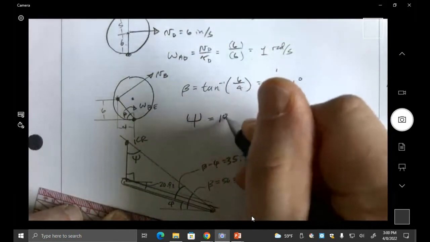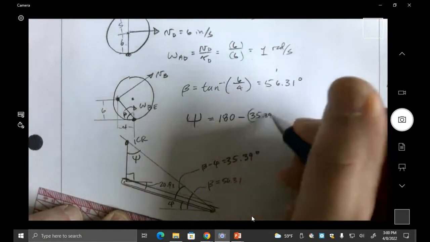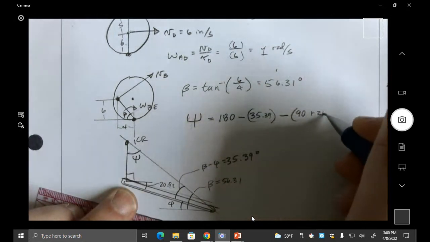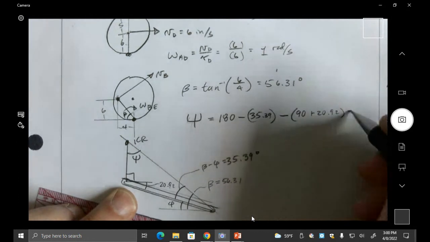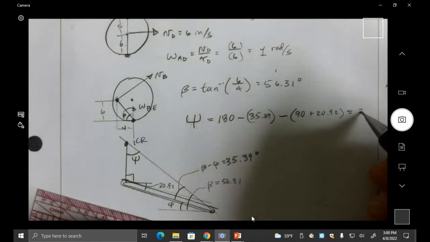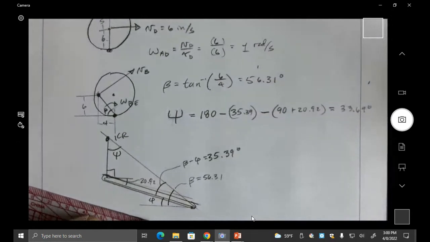That's going to be 180 minus 35.39 minus 90 plus 20.92. So what the hell is that? 90, 20.92 plus 180 minus. So it becomes 33.69. There are tons of opportunities here for me to screw something up.